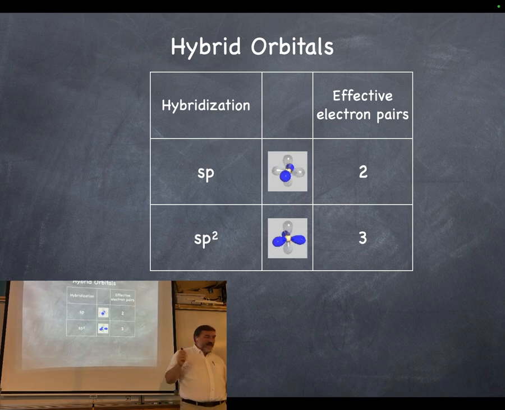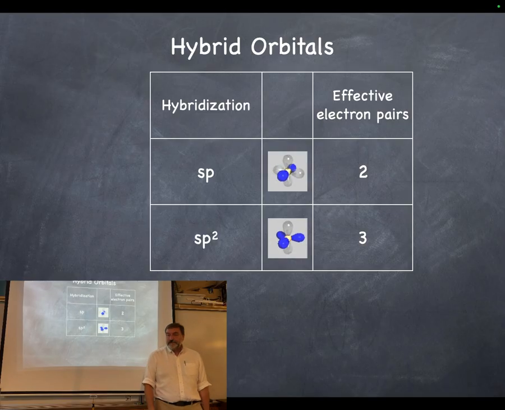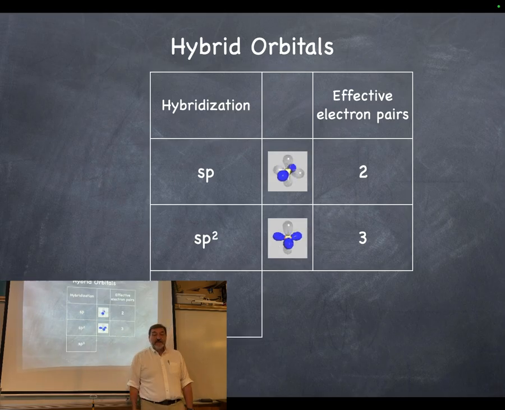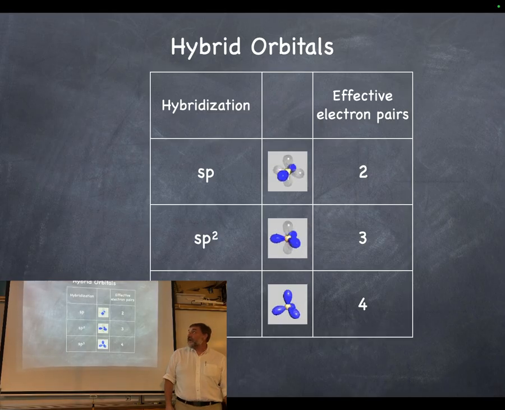And you might ask yourself, what do you mean they don't participate in hybridization? I say, patience, grasshopper, we'll get there in 2 slides. So sp2, 3 electron domains. sp3, all the p orbitals and the s orbital, everybody involved, has 4 electron domains.